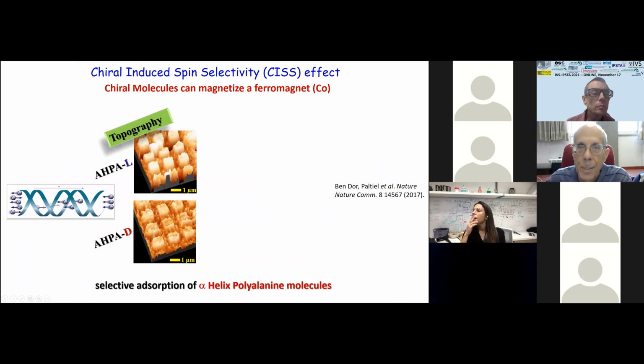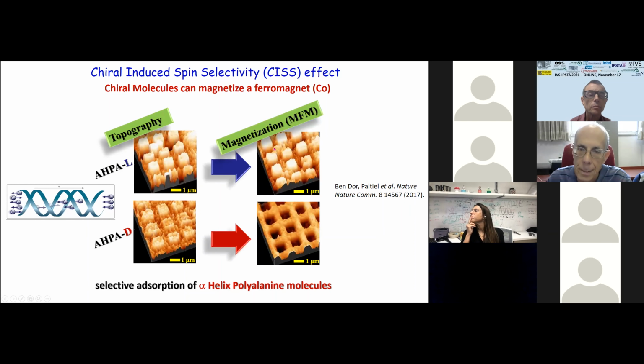But then we thought that maybe we can employ what is called the chiral-induced spin selectivity, or CISS, effect that was discovered by Ron Naaman at the Weizmann Institute. One thing that we have shown in our group at the Hebrew University with Yossi Paltiel is that if you adsorb chiral alpha-helix polyadenine molecules, they can magnetize the surface of a ferromagnet such as cobalt in a direction that depends on the handedness, either left-handed or right-handed.